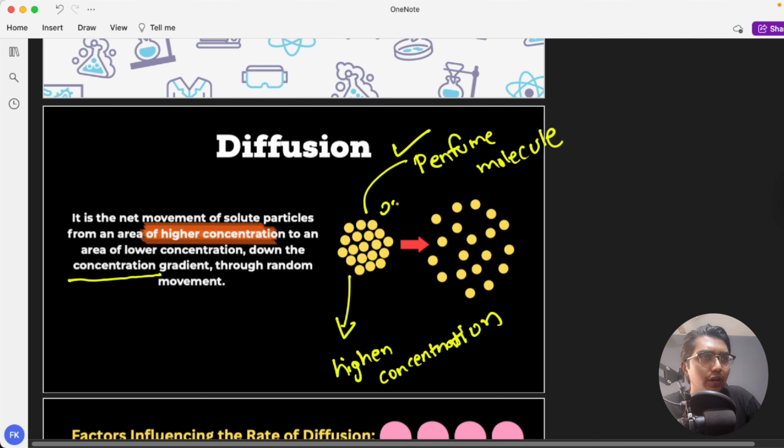They actually move. No molecule stays in the same place, such as a gas. Solid stays in the same place but not gas, right? So these gaseous molecules move from higher concentration to lower concentration down the concentration gradient.